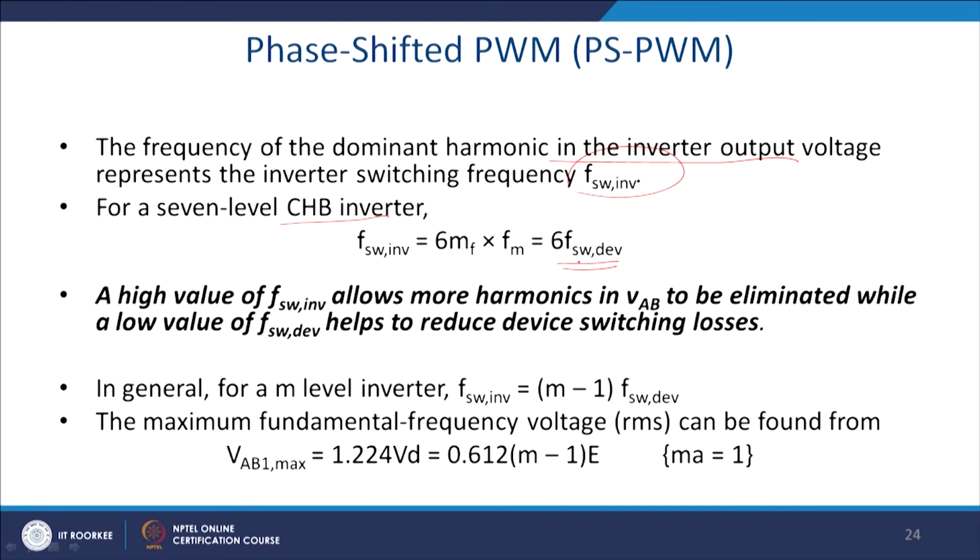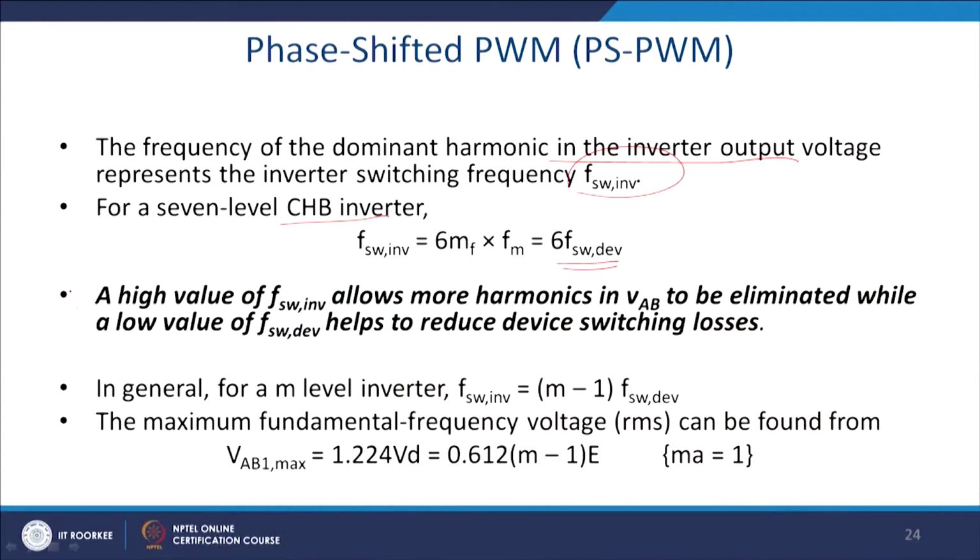So, effectively you are switching at 2 kilohertz and effectively your sideband lies at 12 kilohertz and you require to design the filter at 12 kilohertz, and thus the size of the filter gets reduced. So, we can conclude one of the basic advantages of it, that a high value of switching frequency allows more harmonics in VAB to be eliminated, while a low value of switching frequency helps you to reduce the device switching losses.